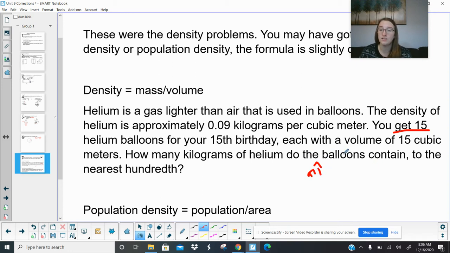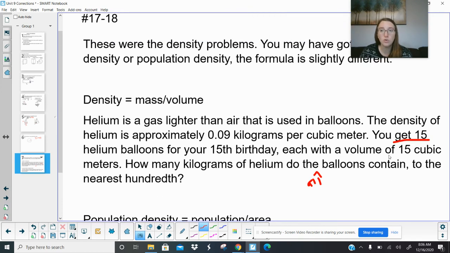If you got half credit, 2.5 out of 5, you found the helium for 1 balloon. But they told you how many balloons you have. You found the answer for 1 balloon, and we had 15.